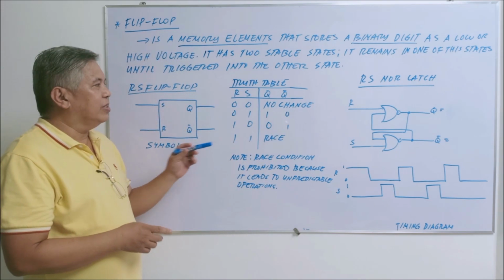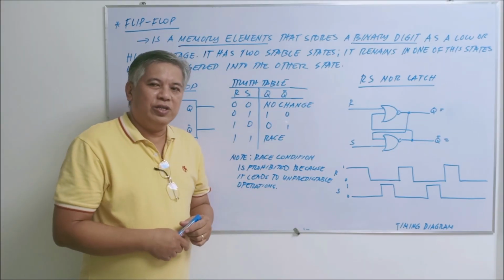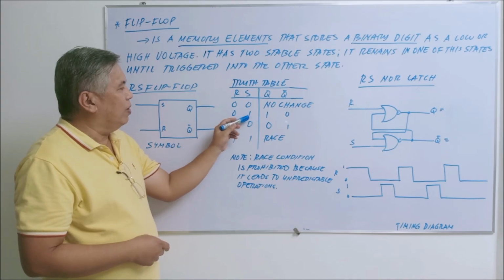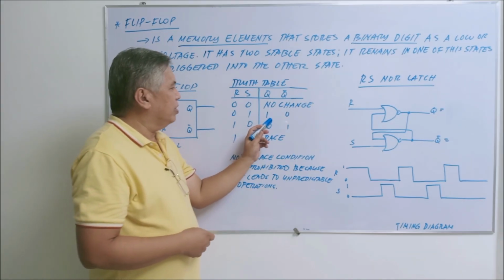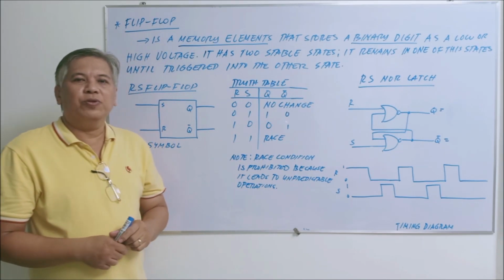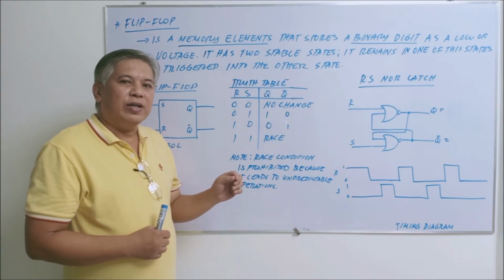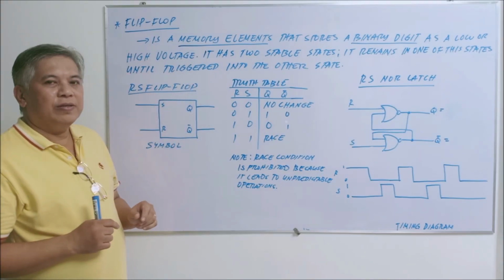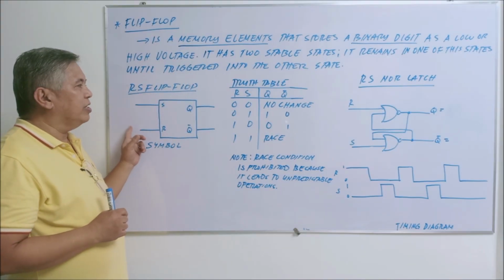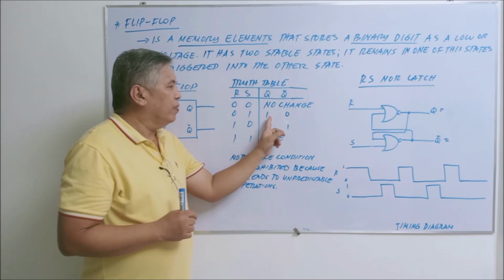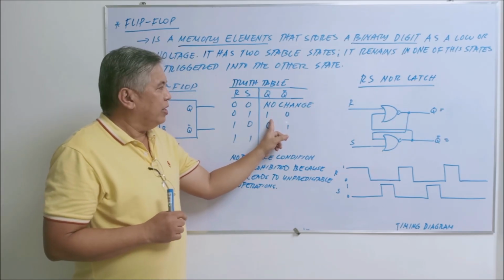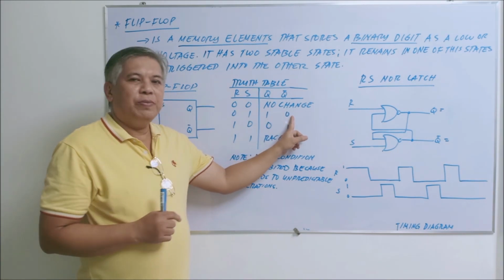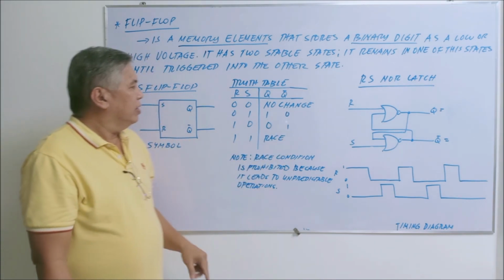Okay? So, in other words, there is a no change condition. But if R and S is 0, 1, then the output is 1 or the output is set to 1. So, the data stored in your memory element, in this particular case, the RS flip-flop, will be 1. And the output Q bar, which is the opposite of Q, will be equal to 0.